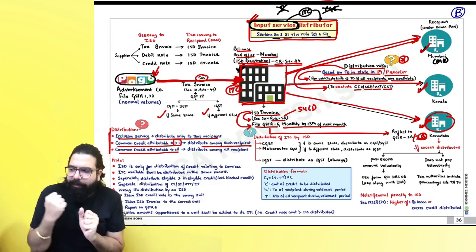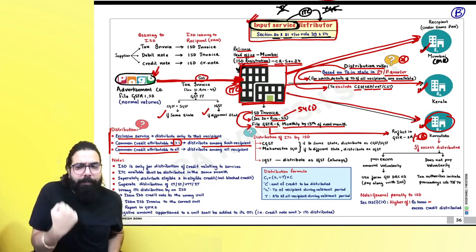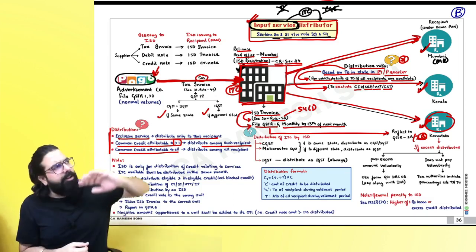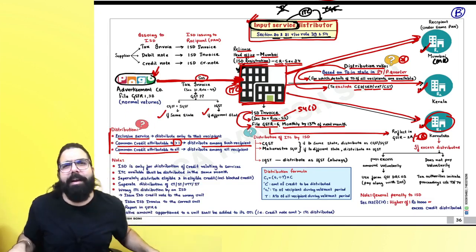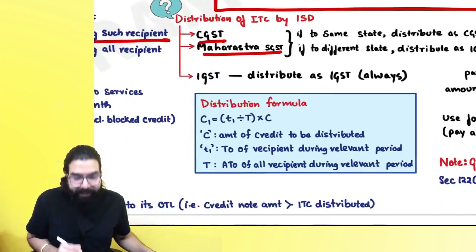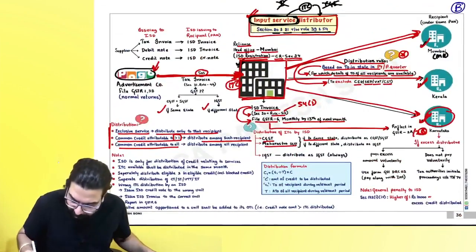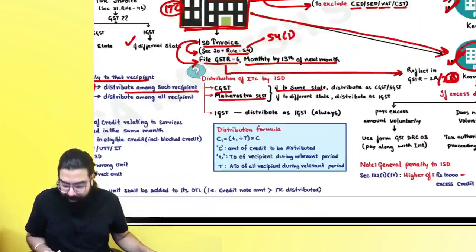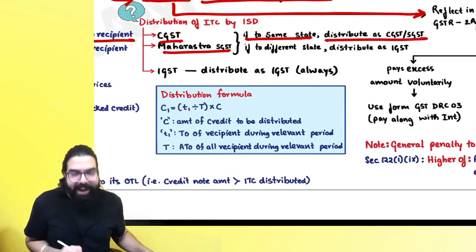Now, sir, if input tax credit is IGST, then remember one thing. If input tax credit is IGST, distribution in the same state or distribution in a different state always will be done as IGST. Remember, if CGST and SGST is there, then it will be distributed in the same state. If the branch is also within the same state as the head office, then CGST, SGST will be distributed as CGST and SGST.